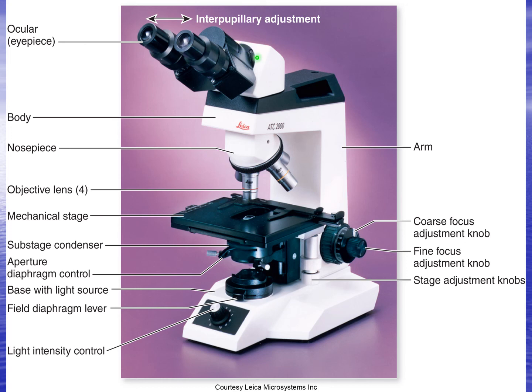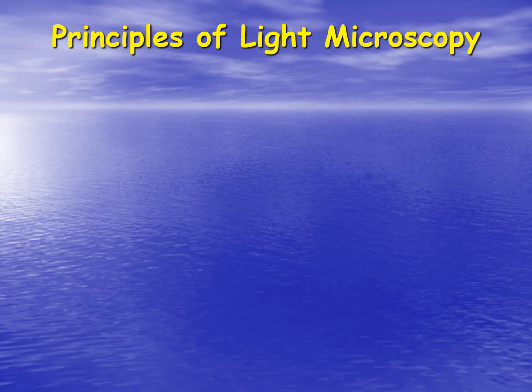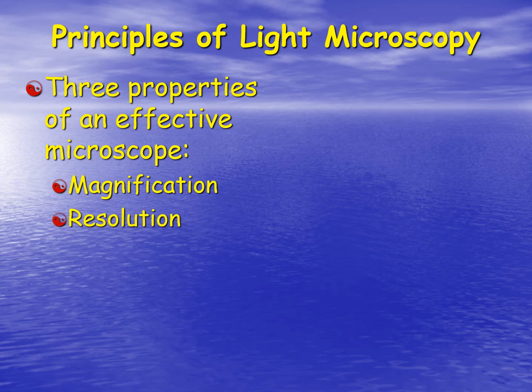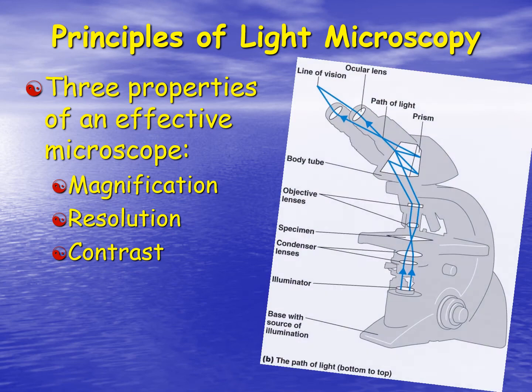Some microscopes actually have a third ocular that can be hooked up to a camera or to another type of media that can then visualize what's being seen on the microscope. So 3 properties of an effective microscope are going to be magnification, resolution, which is how clear the image is, and contrast.